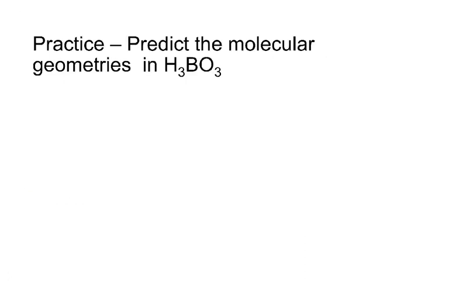So let's practice. Predict the molecular geometries in H3BO3, that's boric acid. Our boron there is our central atom, connected to 3 oxygens, and each oxygen has a hydrogen attached to it.